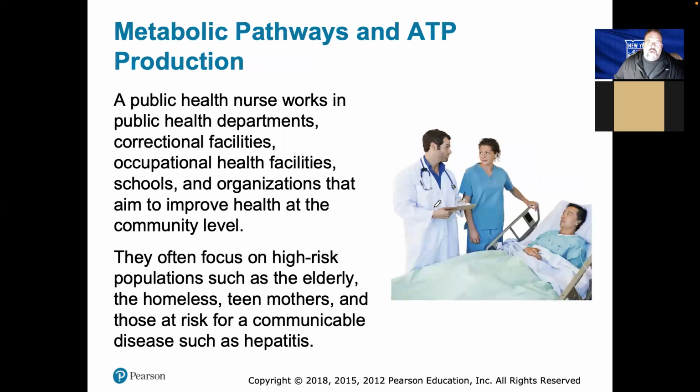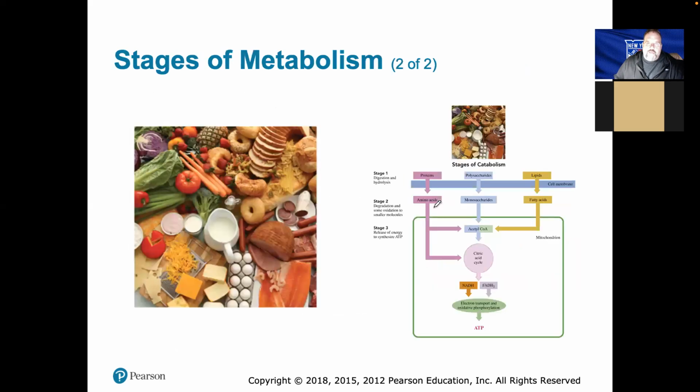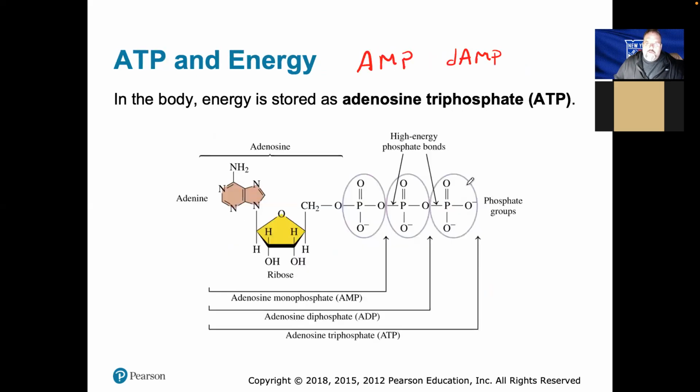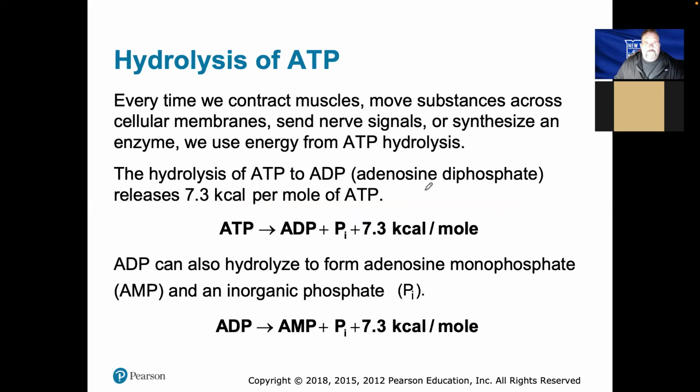Essentially, the energy comes from the fact that phosphate bonds are high energy. So if you break them, there's going to be energy present, and that energy is going to be used to drive an anabolic reaction. The process of breaking apart the phosphate groups falls under the category of hydrolysis.